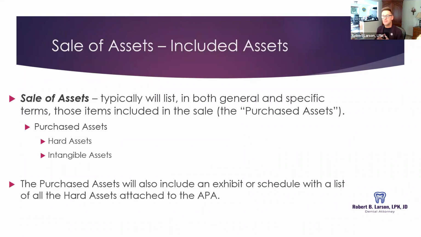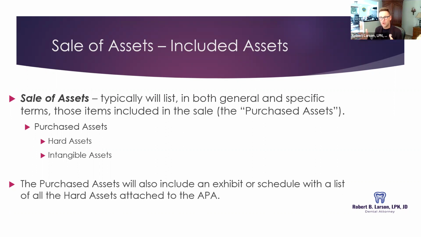So the sale of assets. What are you buying? Typically, you buy the assets of the business. You don't buy the shares of a corporation or the membership interest of an LLC, because doing that, you actually obtain all of the obligations that exist prior to your closing. So typically the assets are only going to include hard assets, think computers, machines, those types of things that you actually lay your hands on, and intangible assets.